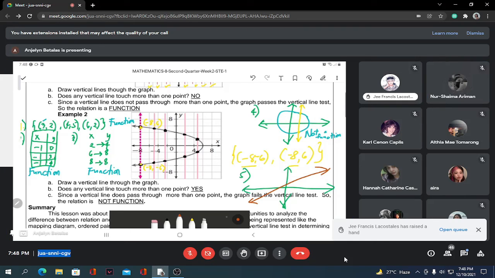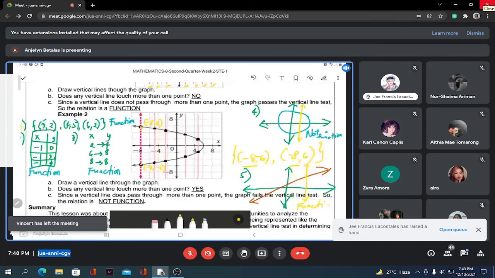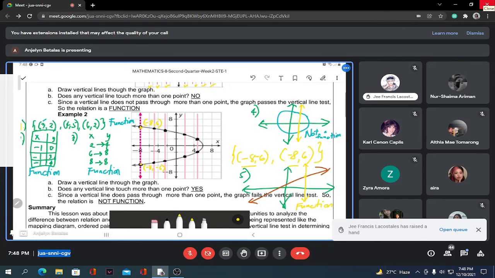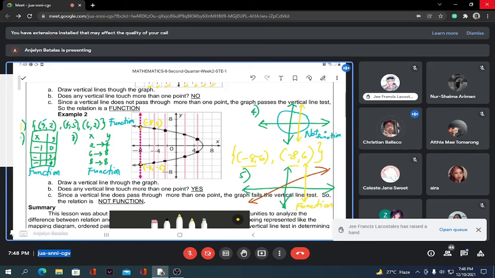Yes. Kung mag-vertical line test ta ana, isa lang, di ba? Isa lang man yung ma-intersect. So, this is a function. Nasabtan? Any questions?